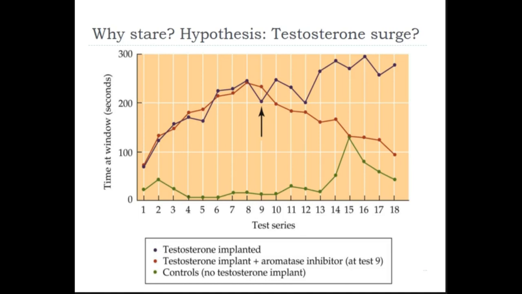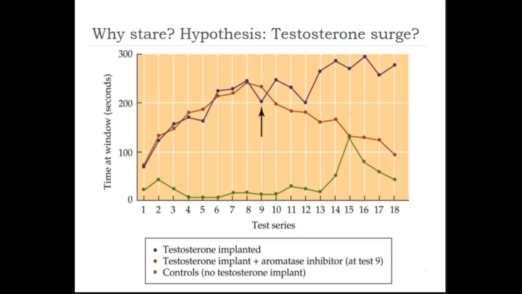It ramps up through the first 9 tests, and then they sort of plateau, maybe still with a little upward trajectory. They're spending lots of time at the window. So here testosterone seems to be having an activational effect in inducing this staring behavior.